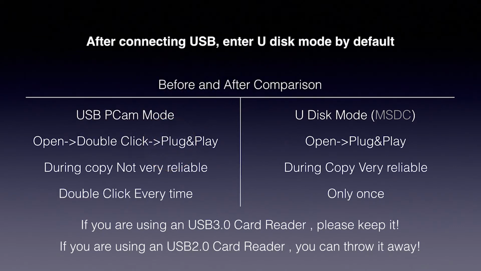And once you want to connect again, you have to double click again. So every time you want to enter UDisk mode, you have to double click before plugging into the Mac or the PC. But after this firmware upgrade, things become easier.